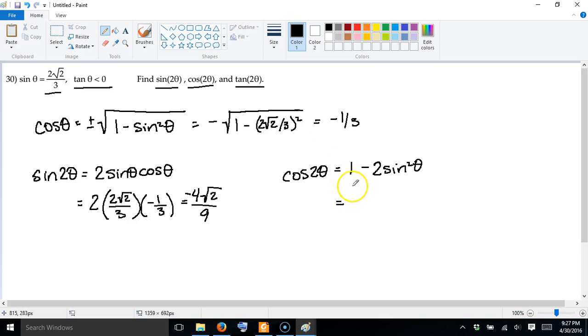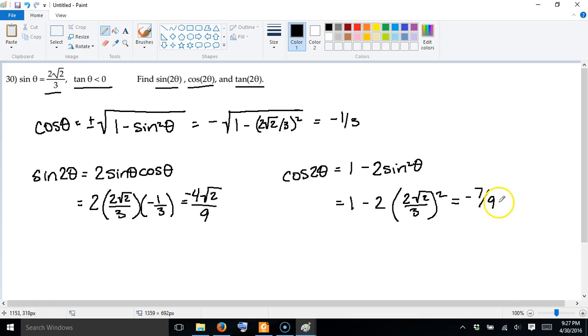Now plug in sine into your sine squared function, and square that. And that is equal to negative 7 over 9.